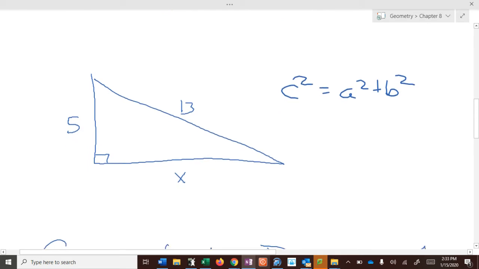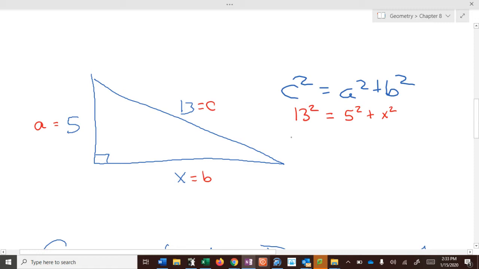Now, what if we're looking for a number that's not the hypotenuse? Well, we know 13 is what letter? C. 5 is what letter? A or B. It doesn't matter. Let's make it A. And X is B. So 13 squared equals 5 squared plus X squared.